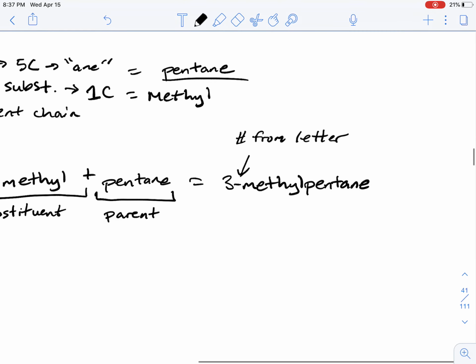And so therefore we have pentane, so it's 1, 2, 3, 4, 5. And then on the 3rd position, we have a methyl group. Well, 1, 2, 3, that's going to be our methyl group. And that's what the skeletal structure of 3-methylpentane looks like. And you should be able to go from name to skeletal structure and vice versa.